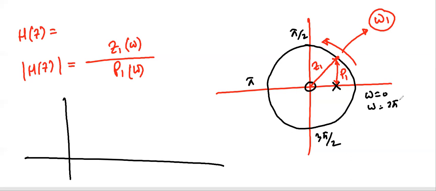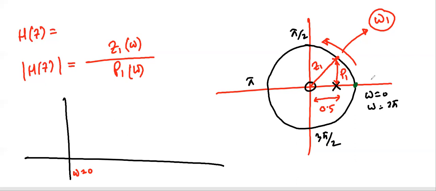If we consider omega equals 0 at that location, let me put that this distance is 0.5. If that is so, then try to follow these points. We are at this location now. What is the value of Z1 at that moment?